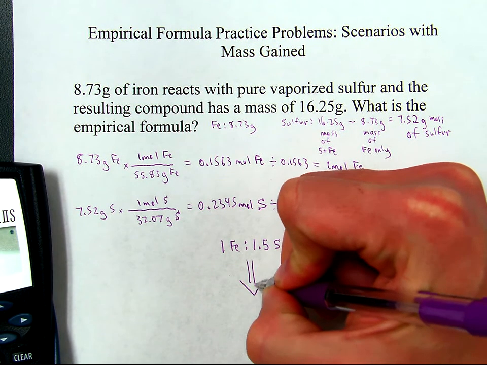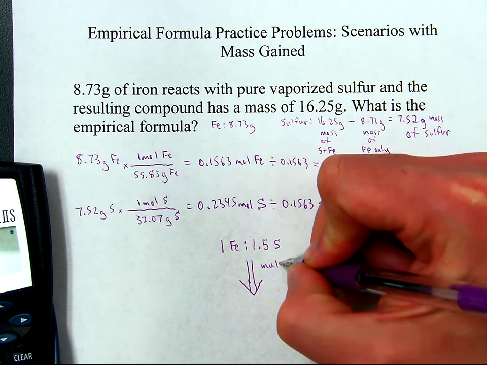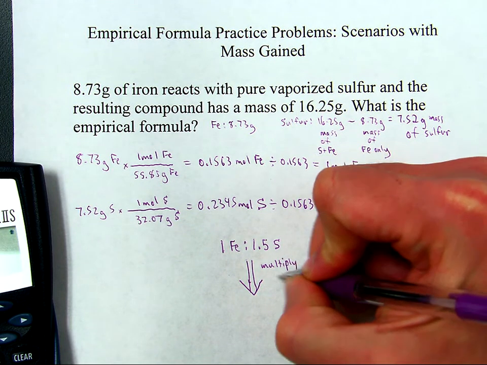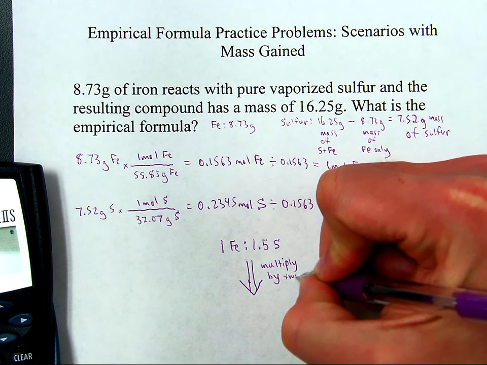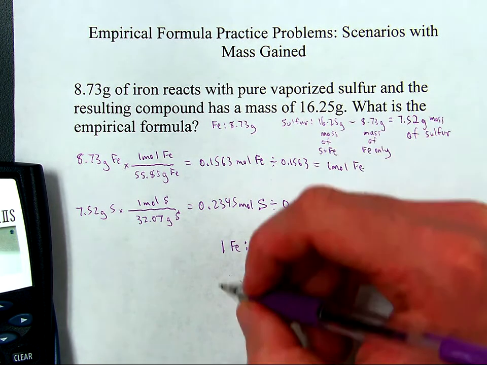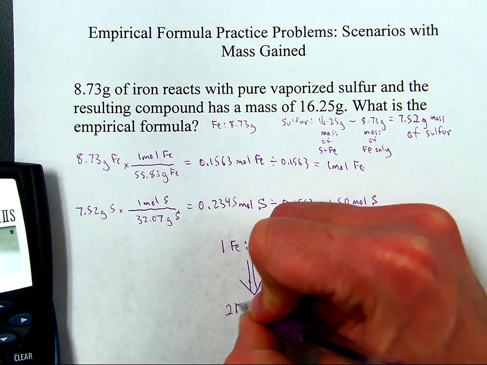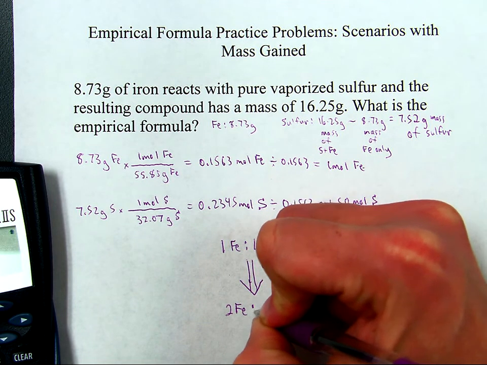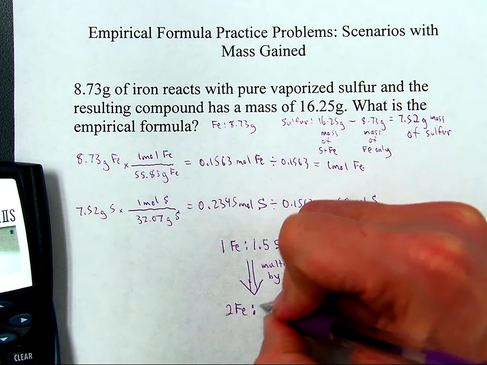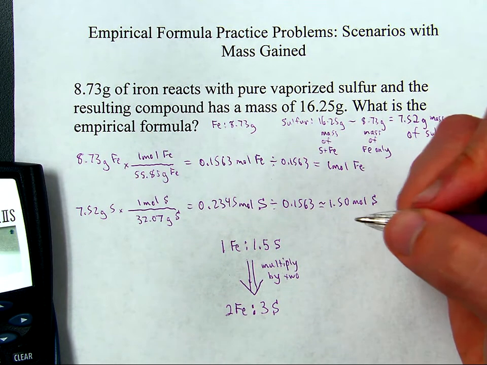Let's transform that whole ratio by multiplying by 2. That means multiply this number by 2 and this number by 2, which I can tell already is going to give whole numbers without a decimal. So if I multiply everything by 2, that's 2 irons to 3 sulfurs. That's a nice ratio with no decimal points.